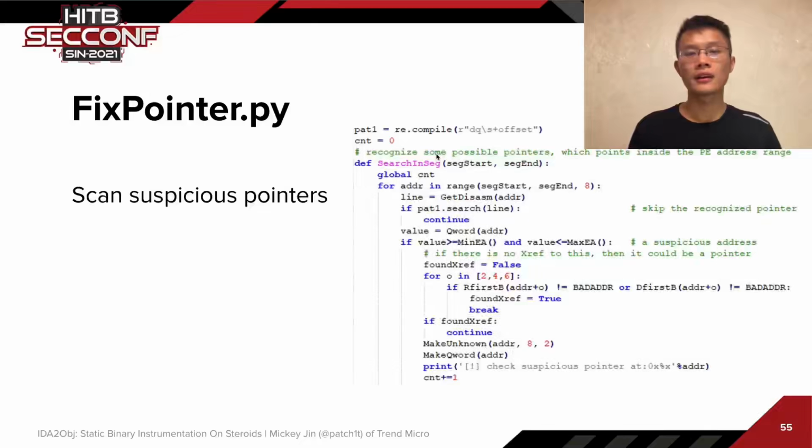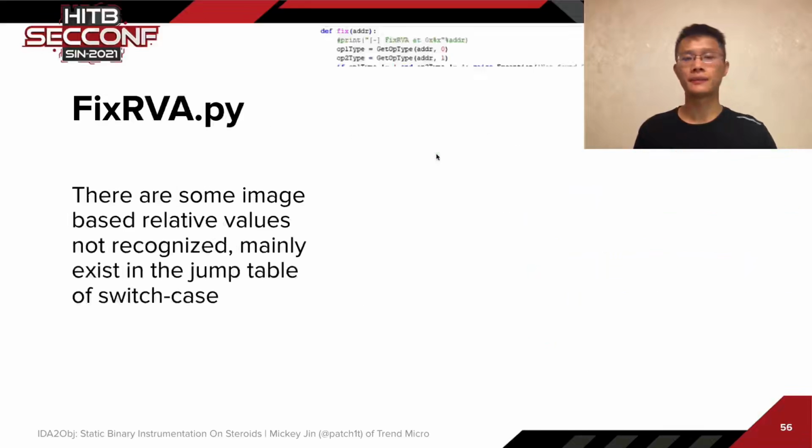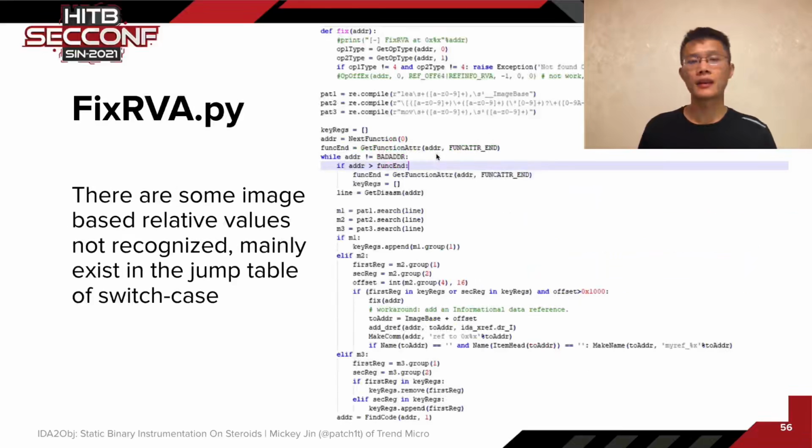This script is used to help with some relative values. There are some image-based relative values not recognized, many existing in the jump table of switch case. The fix logic is a bit complex.